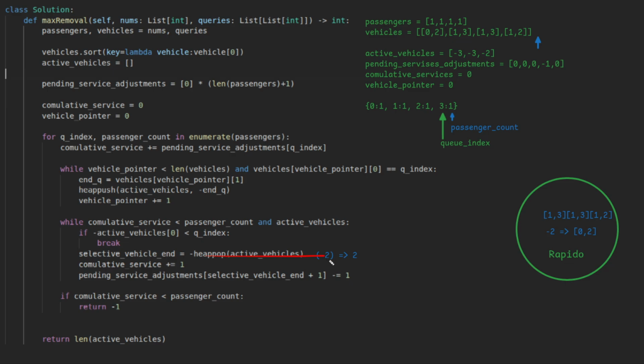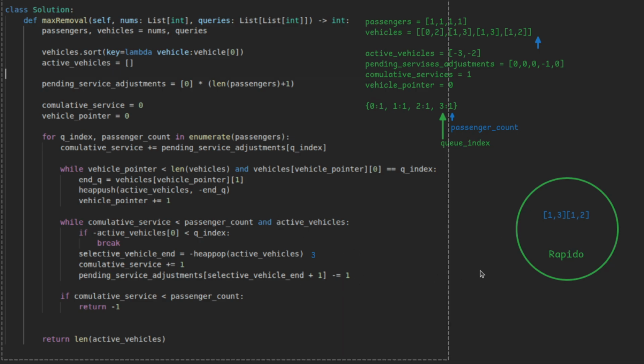What it will do, it will pop 3 from here and I will say minus of -3, that will be 3 here, and cumulative services is increased by 1, right? From active, this has already been removed as we have utilized this, and it is also popped from the heap, as we have utilized this.